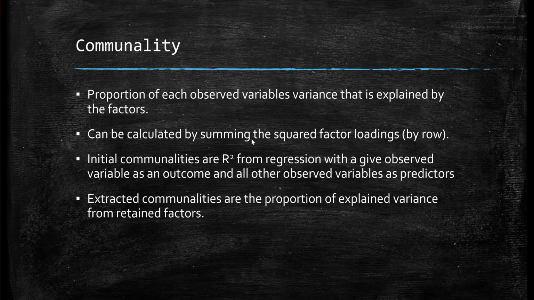And then the extracted communalities based on the factor analysis are the proportion of explained variance in each item by the factors that are retained. So the factors that you actually hold on to and keep.